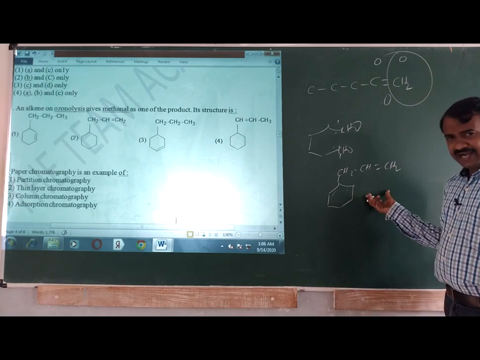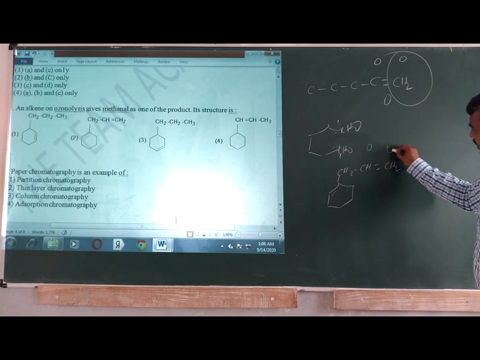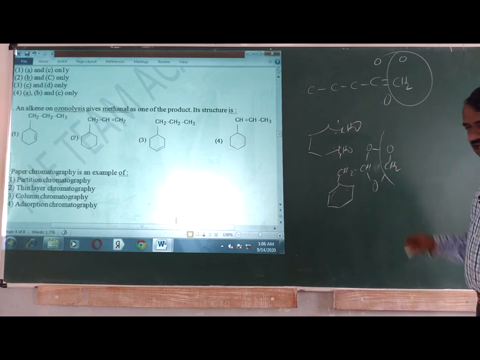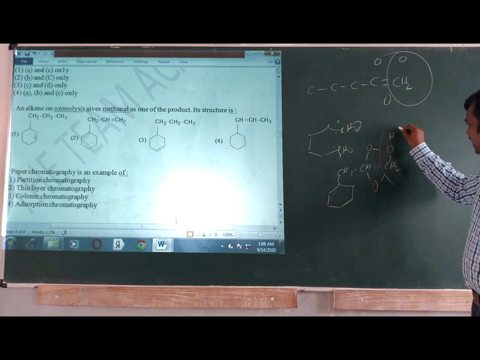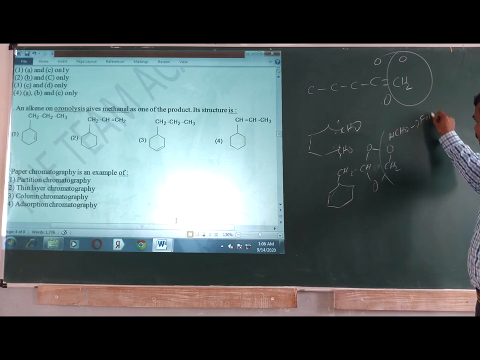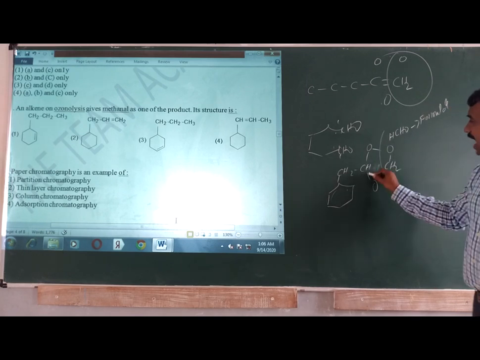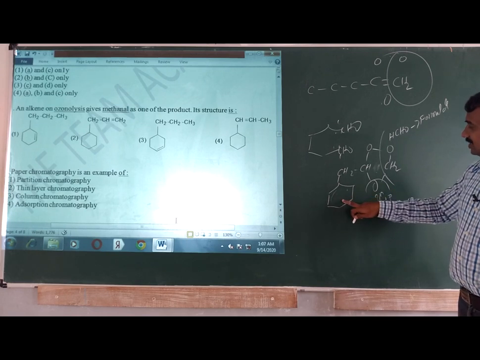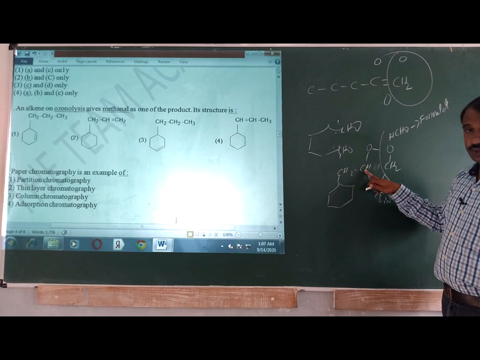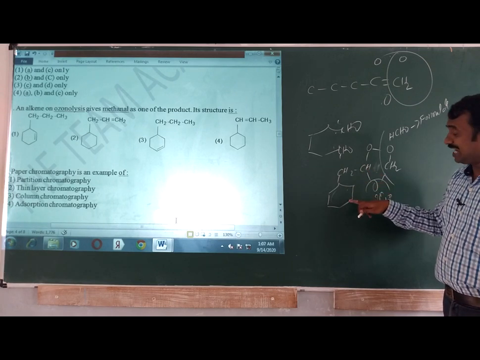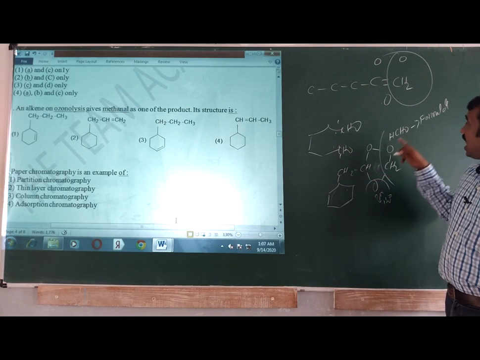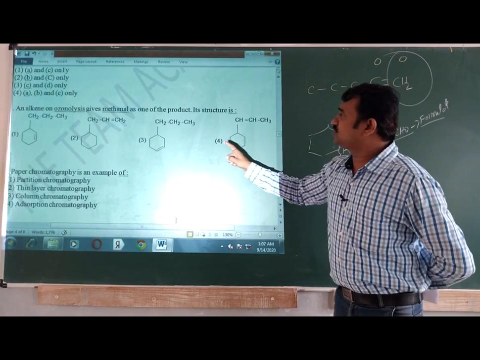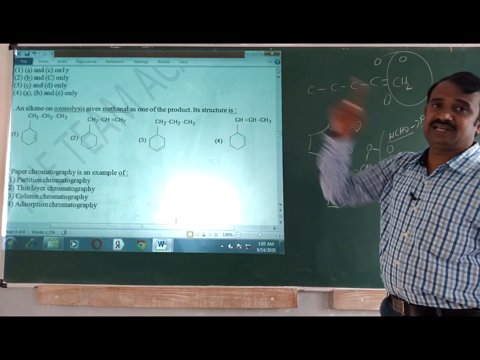When this undergoes ozonolysis, the bond breaks and you get an ozonide, which undergoes hydrolysis in the presence of zinc and H2O. You get HCHO, called formaldehyde, and another product, cyclohexyl acetaldehyde, CH2CHO. The IUPAC name is methanal. When a terminal alkene is there, you will get formaldehyde.